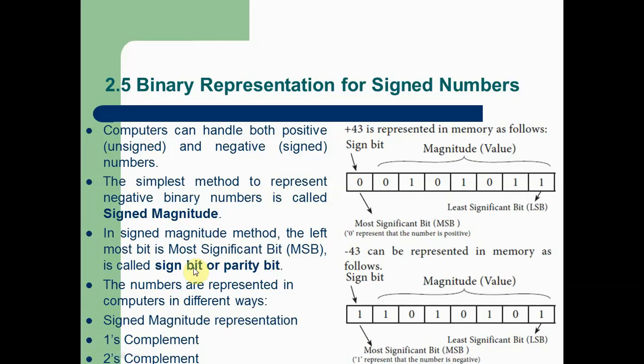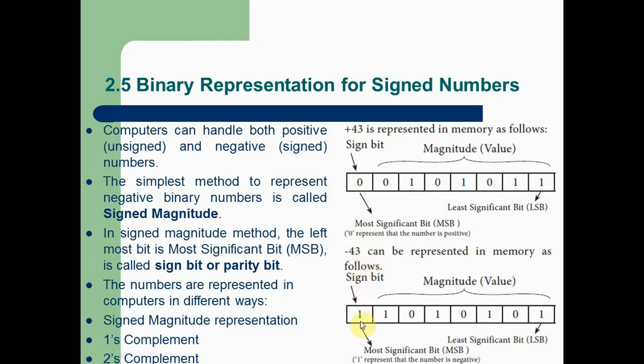Numbers are represented in computers in different ways: signed magnitude representation, and ones and twos complement methods. Here you can see for plus 43 the MSB is 0. This MSB is also known as the sign bit or parity bit. For minus 43 the MSB value is 1.